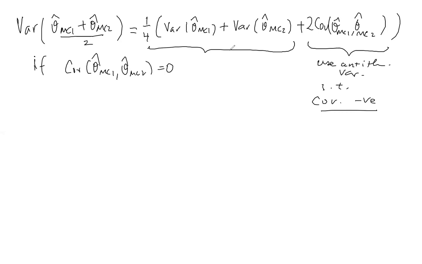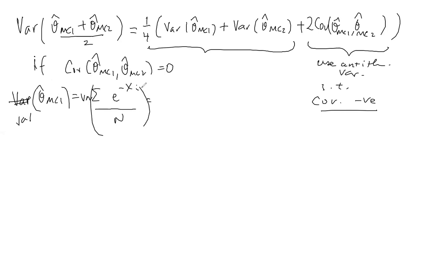Okay, so then we can actually try the following. The variance of your theta hat MC1 consists of these things, right? Okay, so basically your variance is 1/n times the variance of this, right? Okay, so we'll just consider, instead of the whole thing, the variance of one of the terms, right?